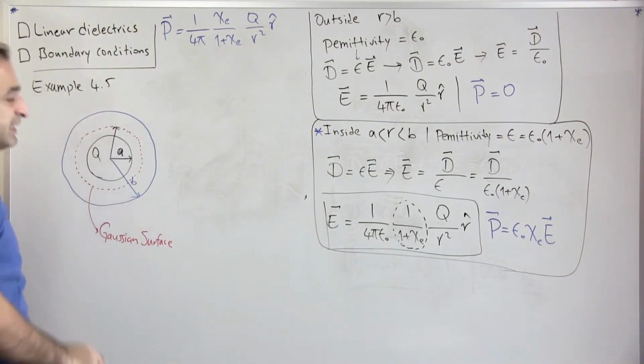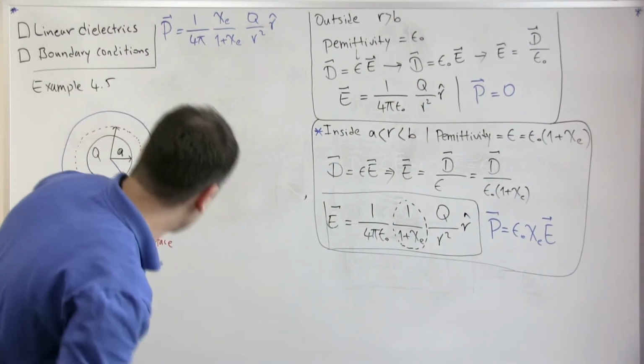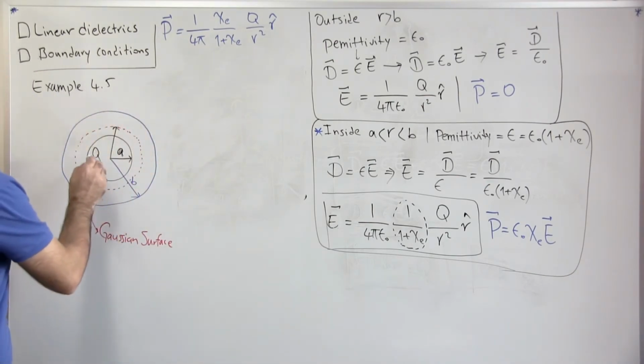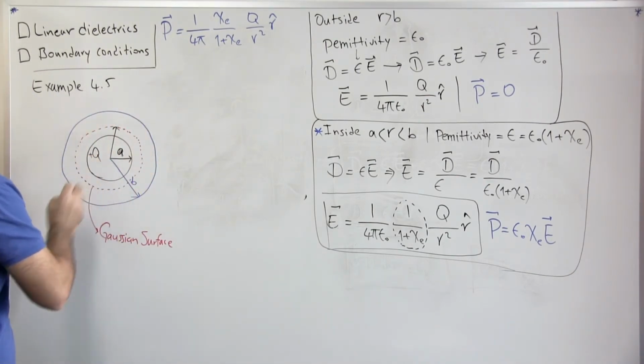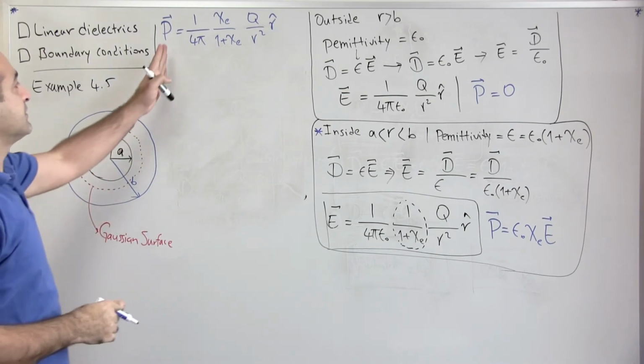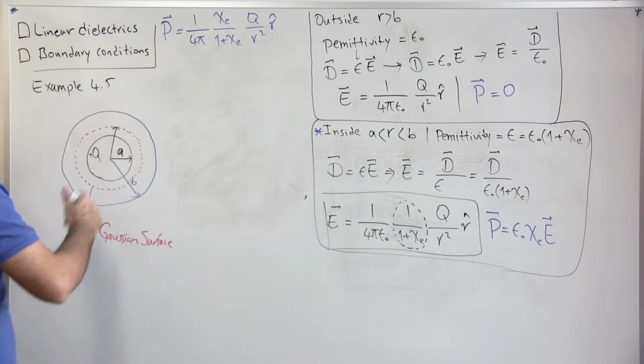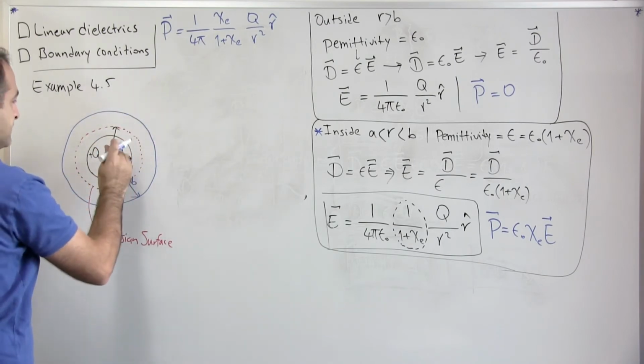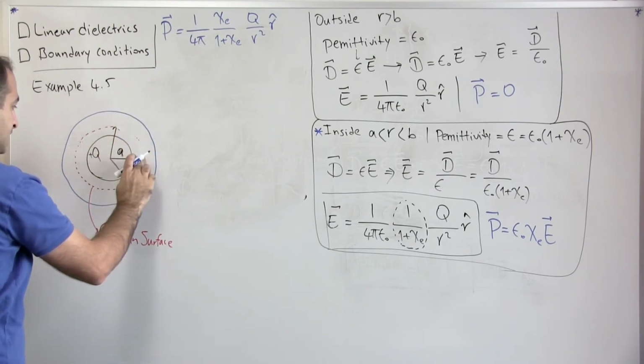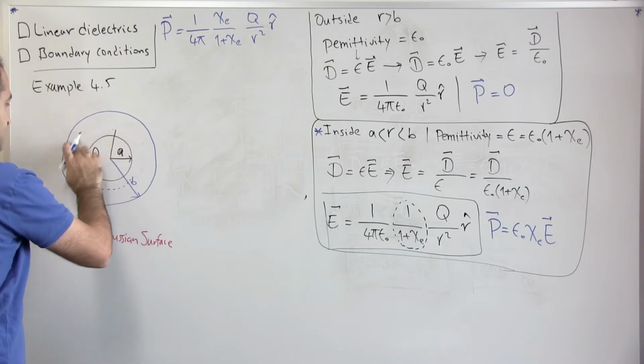So if the charge Q is something positive, let me mention plus Q here, then the direction of the polarization is in the R hat direction. That means it's away from the center.